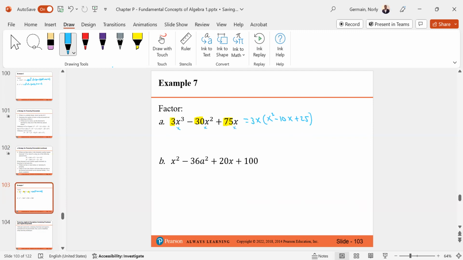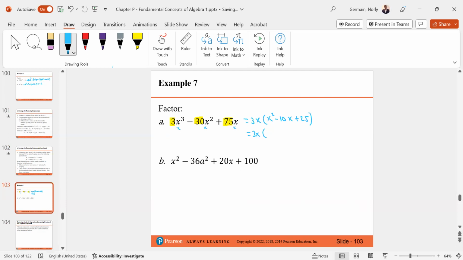Now you see, you must factor completely. When I look at this one, because the coefficient of x squared is 1, I would try to find two numbers that when I multiply, give me positive 25, and when I add, give me negative 10.